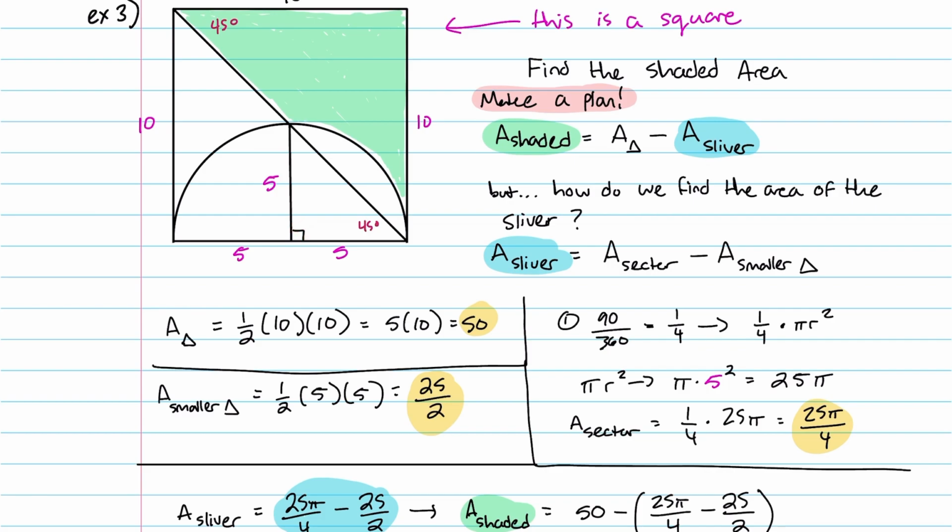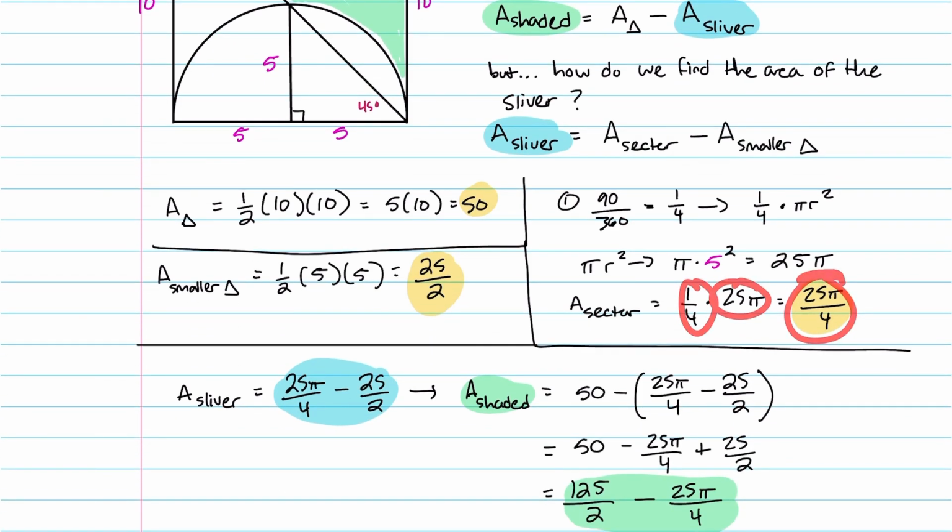The area of the entire circle, if the radius is 5, which I know because this semicircle is within my square, so that means the radius is going to be half the side length, which technically this is also the apothem, but they're both radii. And so when I find the area of my circle, I get 25 pi. And so when I multiply 25 pi by 1/4, I get 25 pi over 4. I can't simplify it, so it stays like this.